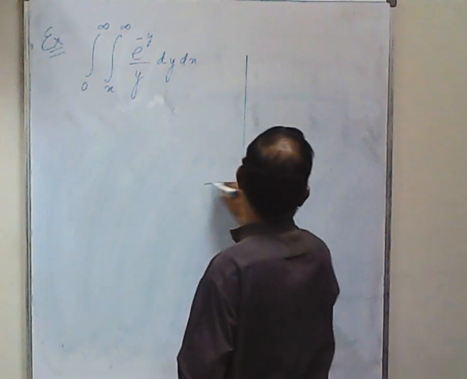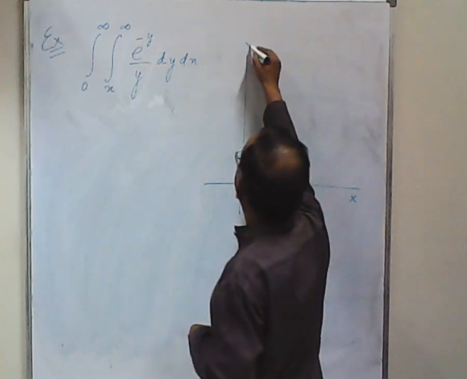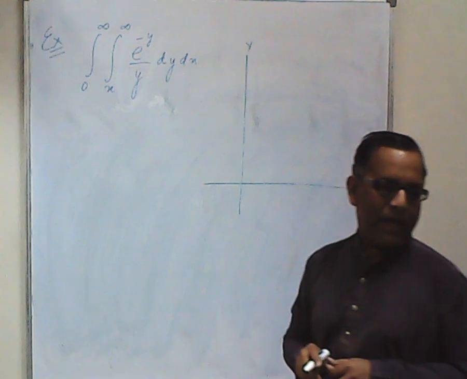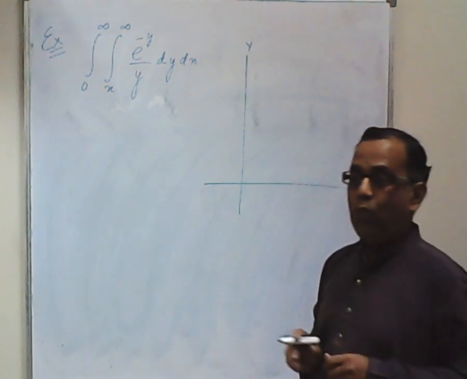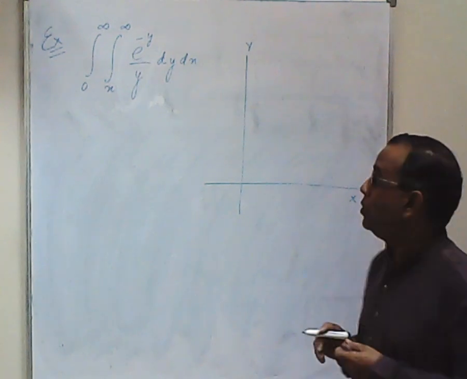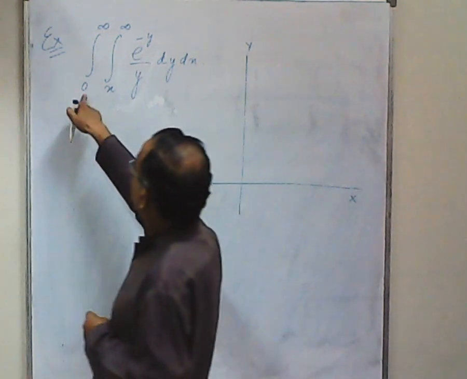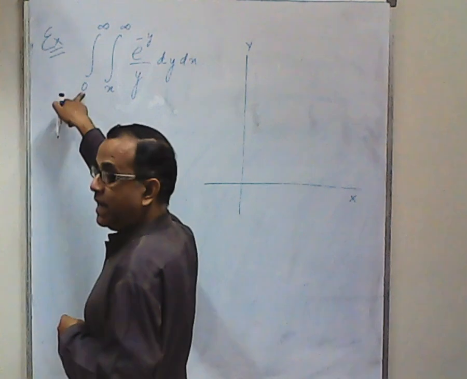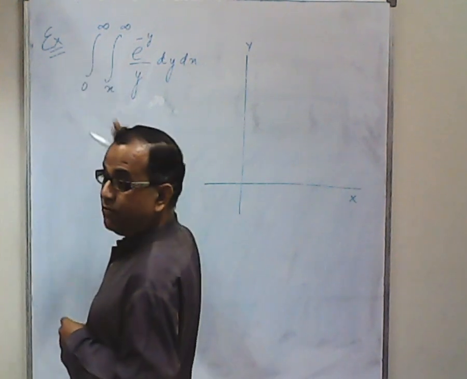So here, if you look at this carefully, if I find x and y, what is the area and which area will be appropriate to loop? Here the limits are given, these are limits of x equal to 0 to infinity.